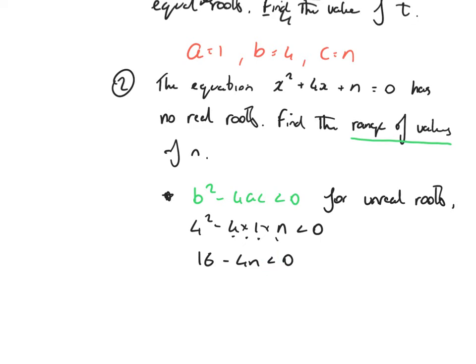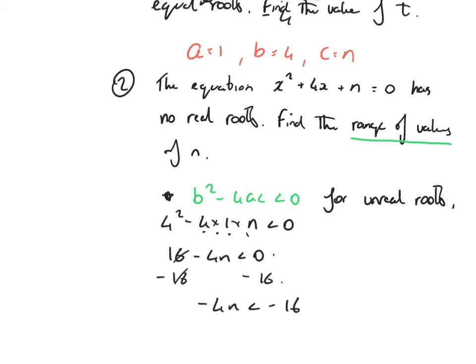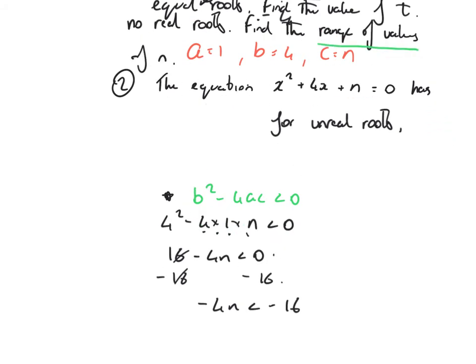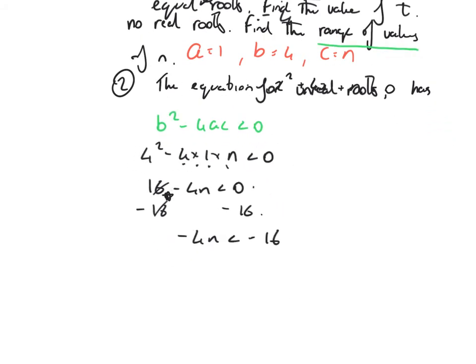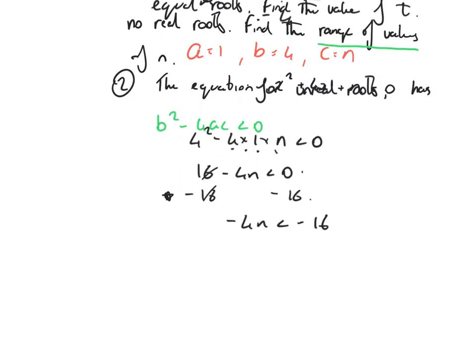Okay, so 16 off both sides, and I'll get minus 4n is less than 0 take away 16, which is minus 16. I'm now about to divide through by a negative number, and that negative number is negative 4. I'm going to bring the negative 4 down and divide.